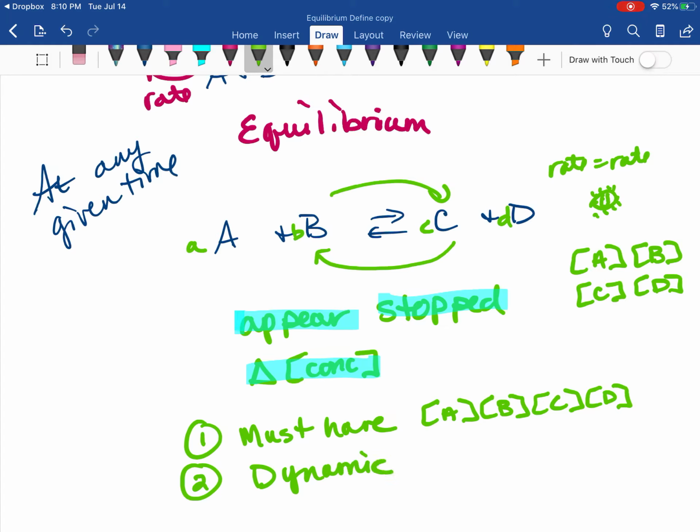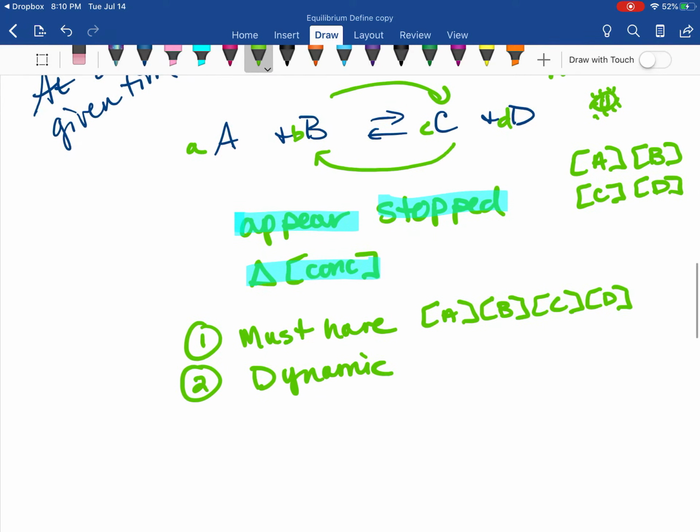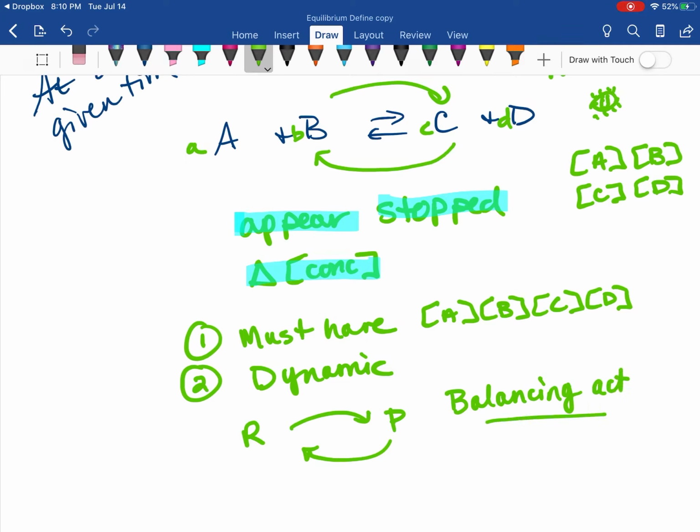Number 2, equilibrium is actually dynamic, meaning it may appear that it's stopped, but it is not. You are literally caught in one massive balancing act. Your A and B is turning into your products, so reactants are turning into products, and products are turning into reactants. It is literally dynamic, and it is a balancing act.